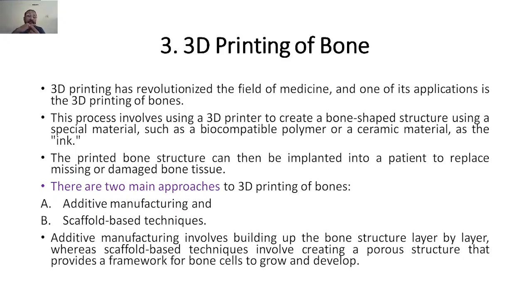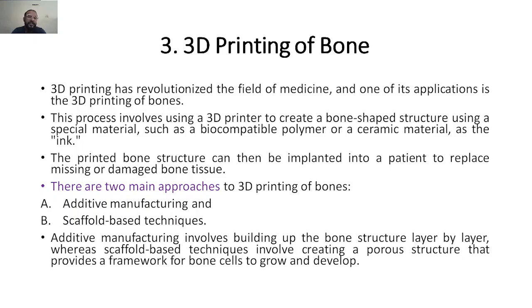Even, for example, sometimes people lose their fingers in accidents, so we can have a 3D printed one and replace it with that. These all come under the situations where we require 3D printing of bone.